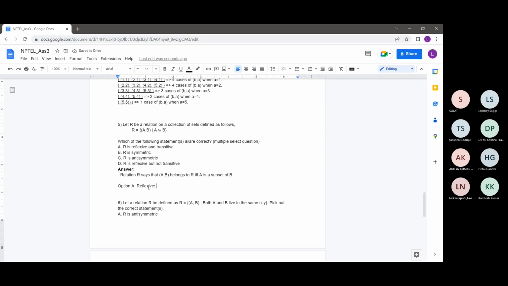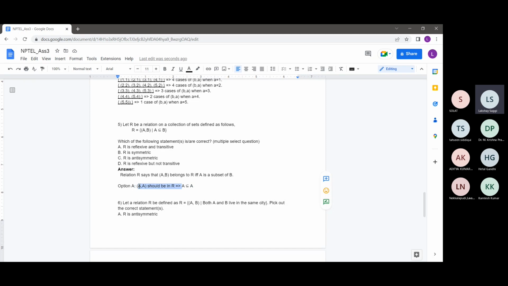Reflexive means that any element A comma A, for checking if the relation is reflexive, should be in R. So this implies that A should be a subset of A. Let's not confuse this A with option A. Here A is a set, so the pair A comma A should be in R, which implies that A should be a subset of A, which is true.